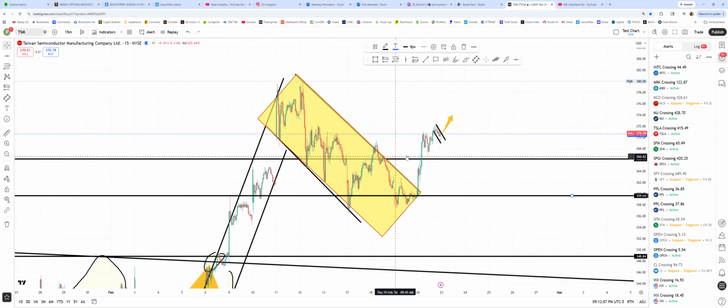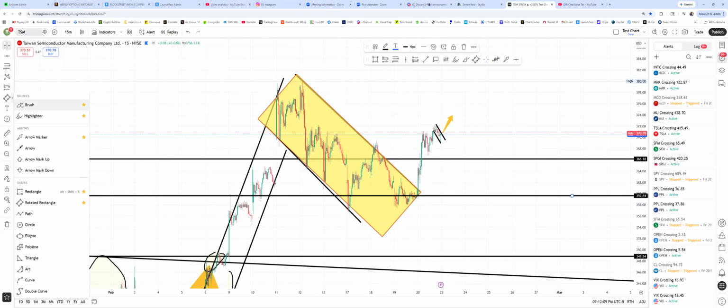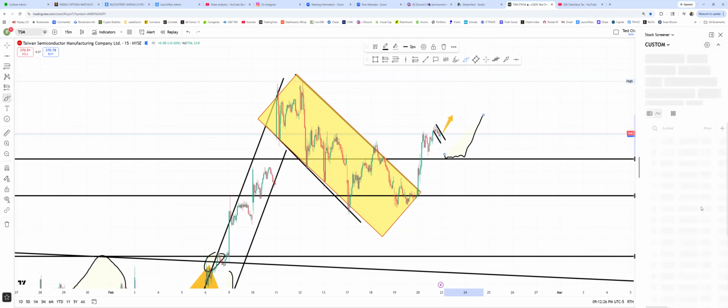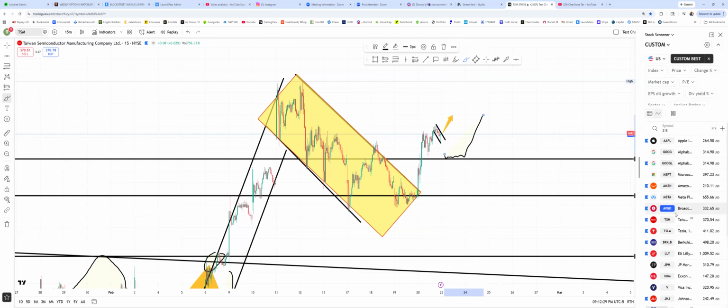So if it comes down to this level, then we can still watch to see what's going to happen here. Then maybe it goes up, right? But it's kind of tough to make your analysis when the market is gapping down $5, $10. You know what I'm saying? So that's why I be chilling on the Sunday watch list these days.